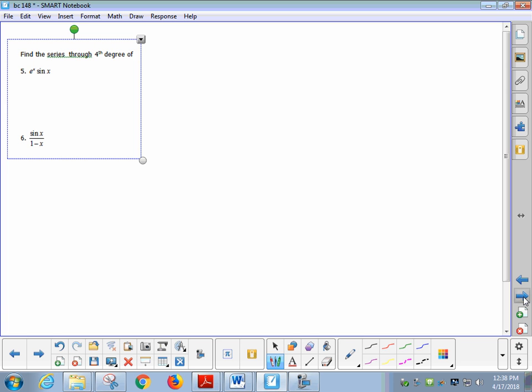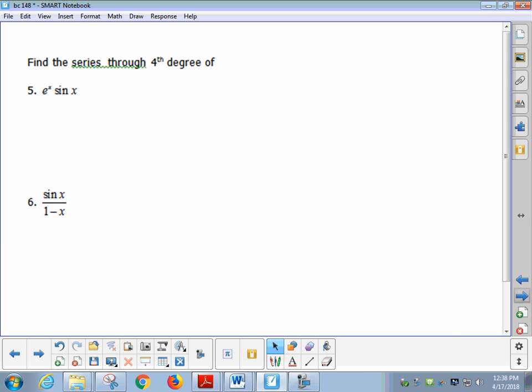Right. Okay. Here, e to the x sine of x. Hopefully you have something like x plus x squared plus 1/3 x cubed. The x to the 4th term actually went away, yeah? So that was kind of weird, 4th degree, but there wasn't a 4th degree term.